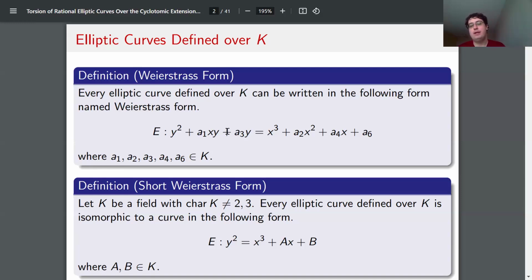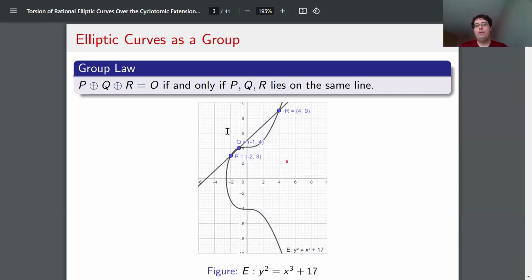It's just y squared equals x cubed plus ax plus b. And if the coefficients a and b belong to the field K, then we say the elliptic curve is defined over K.